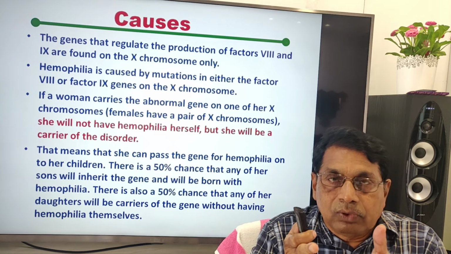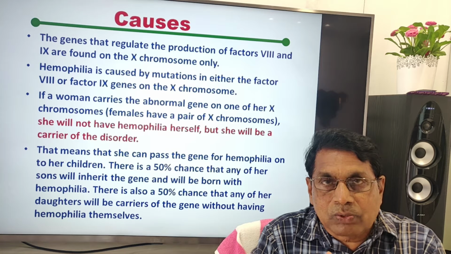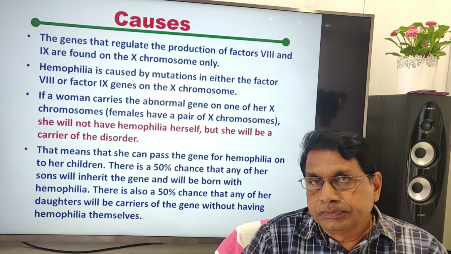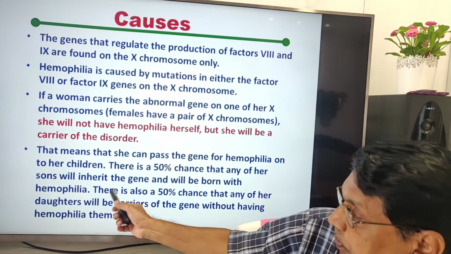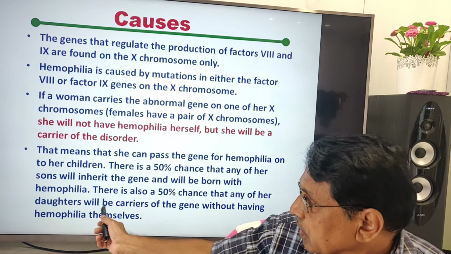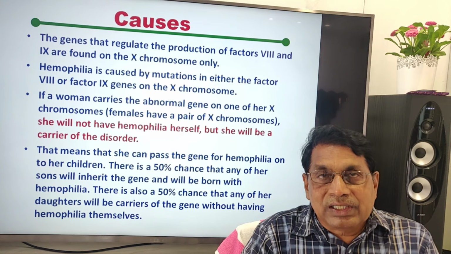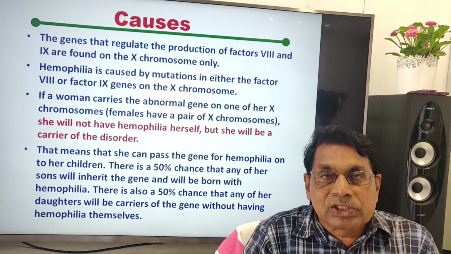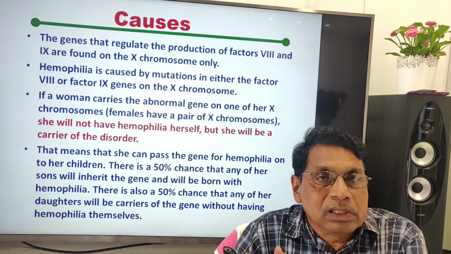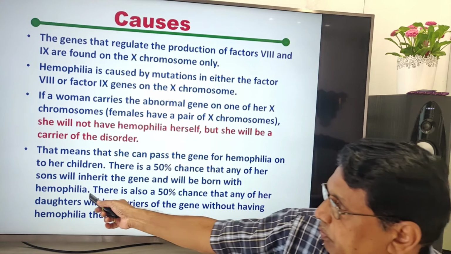There is a 50% chance that any of her sons will inherit it, because out of two X chromosomes, one will go to 50% of the children, who will be born with haemophilia. There is also a 50% chance that any of her daughters will be carriers. Statistically, 50% of the sons will be born with haemophilia and 50% of the daughters will be carriers.